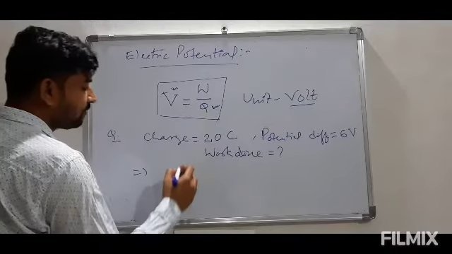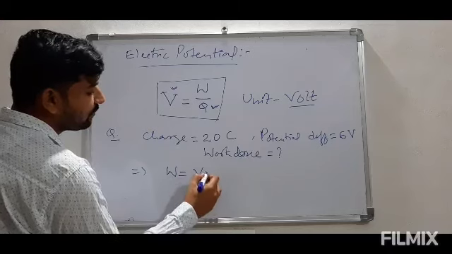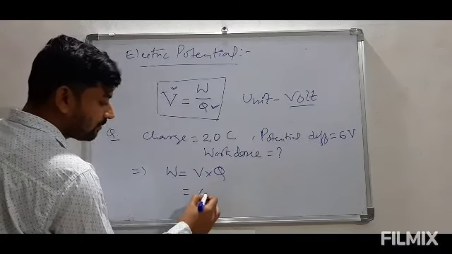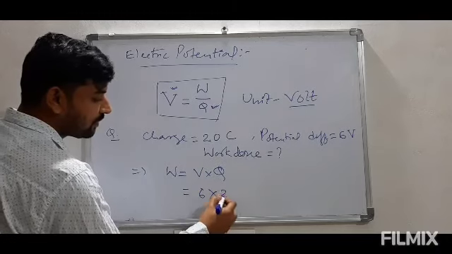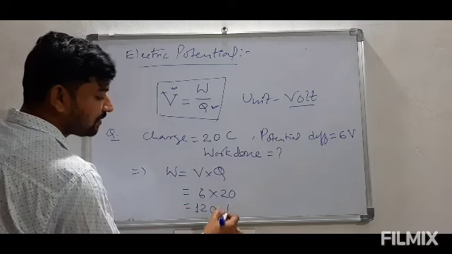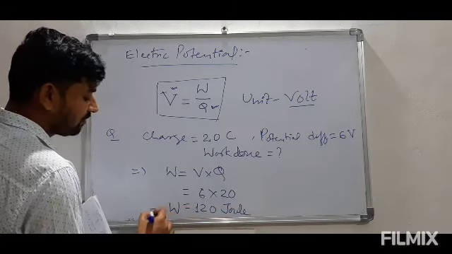So from this formula, work done can be easily written as W is equal to V multiplied by Q. Here V is 6 volt and Q is 20. So we are getting 120, and the unit of work done is, as you know, joule. So this is how we calculate work done.